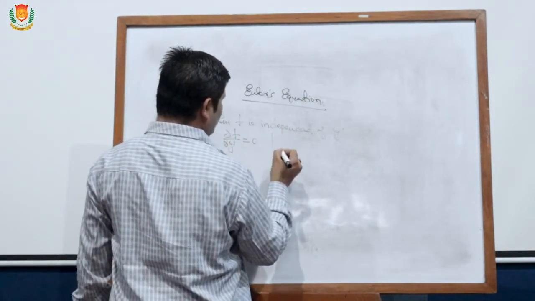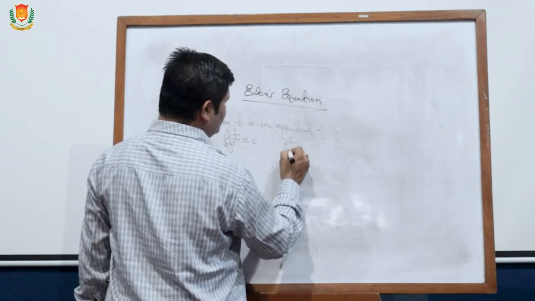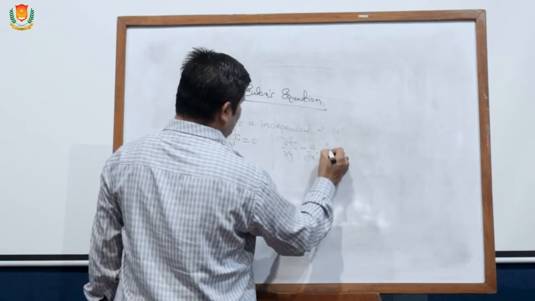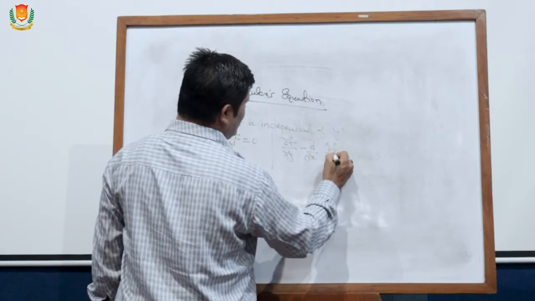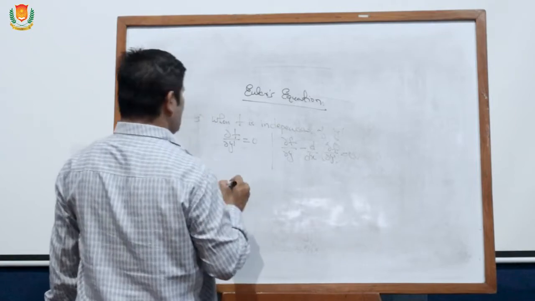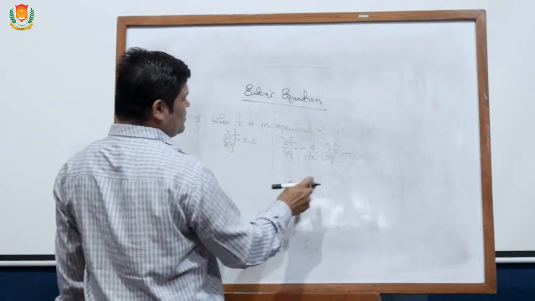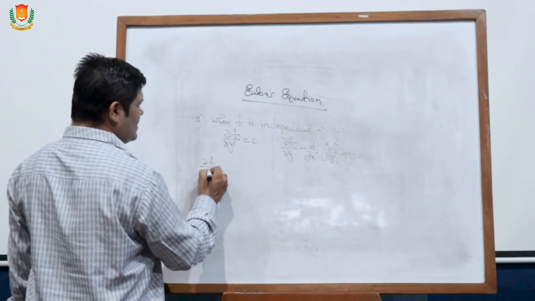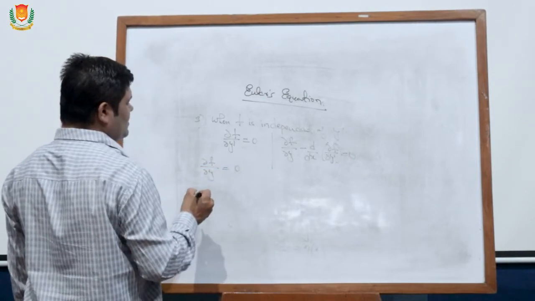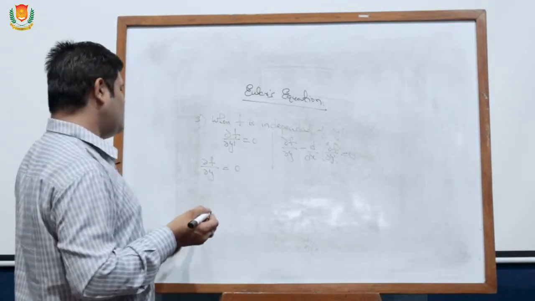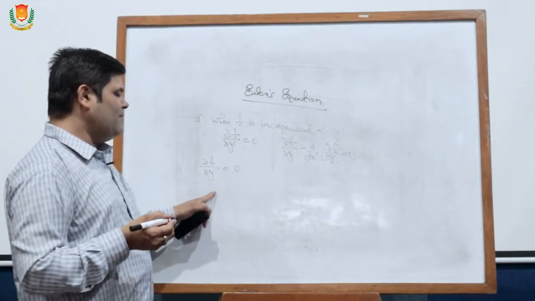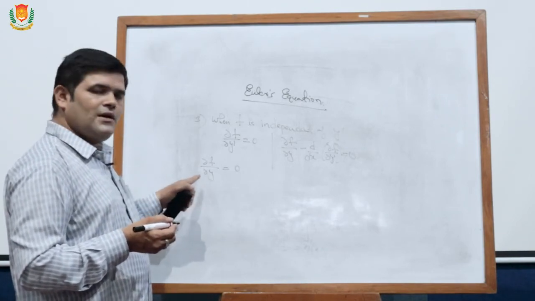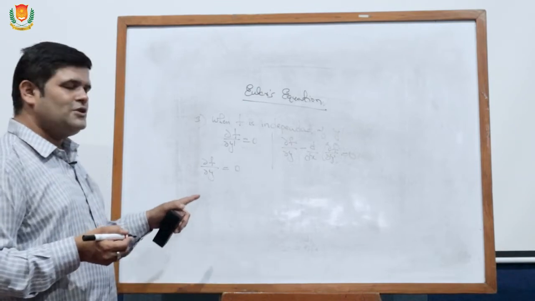Then in Euler's equation, del f upon del y minus d by dx del f upon del y dash equals to 0. Now del f upon del y dash equals 0, so this part cancels out. So we have del f upon del y equals to 0. When we integrate it, we have the solution of what we are looking for. Okay, this is all about Euler's equation, students.